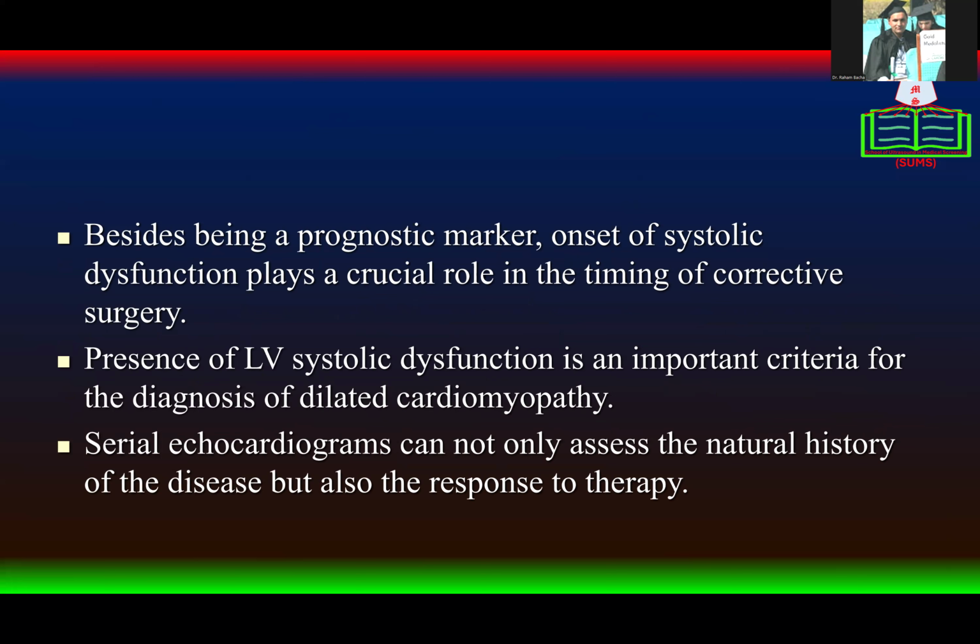On one hand, if we know about the systolic dysfunction of a patient, we can predict the prognosis and the success of the surgery. And secondly, that systolic dysfunction is crucial for the timing and management of the corrective surgery.